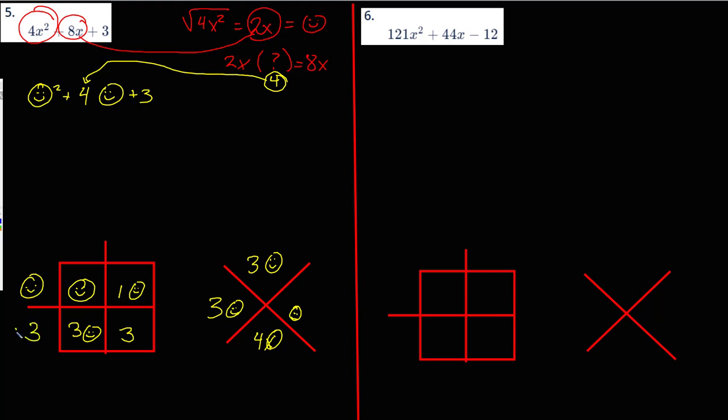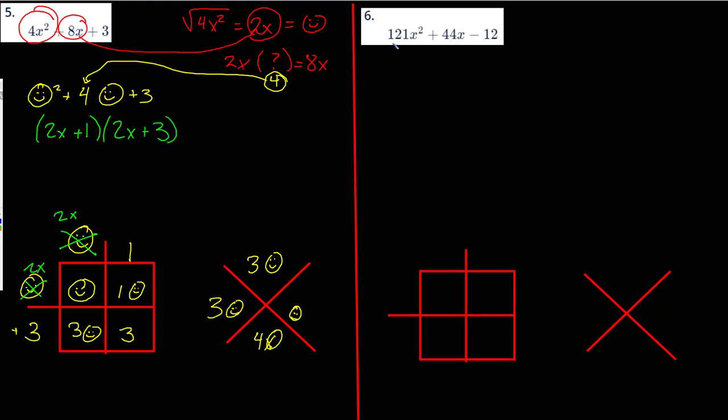I can pull out a 3, and it'll be positive. I can pull out a smiley face. And I can pull out a 1. And so that smiley face is the same thing as 2x. So 2x plus 1 and 2x plus 3.